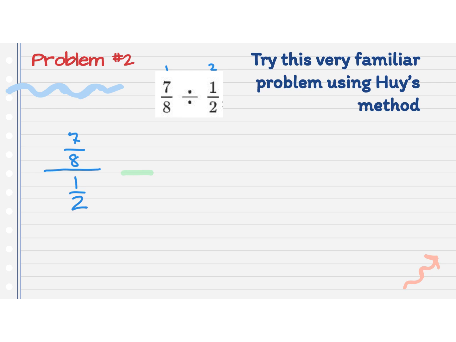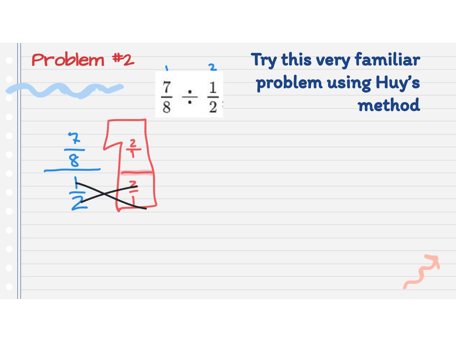Let's use red. We want to multiply by the reciprocal. So that's going to be 2/1 and then 2/1. And that indeed would make a big giant 1.